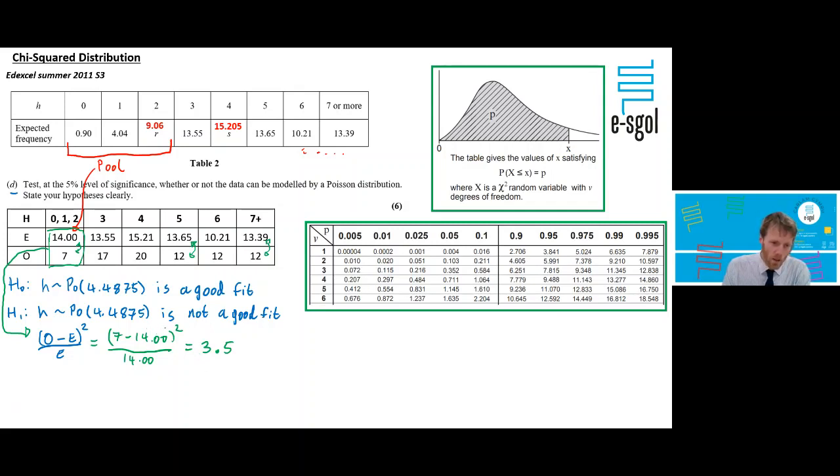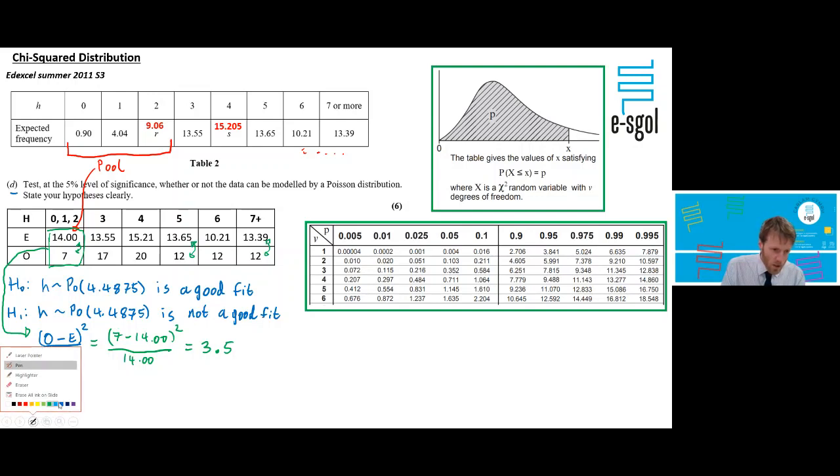In our formula, the reason why we do the observed minus expected and we square is for two reasons. The squaring is going to turn any negatives into a positive, because we would have got a negative coming out here. It's also going to magnify any large differences. So this is a large difference, and it magnifies that. It gives that a greater weighting.